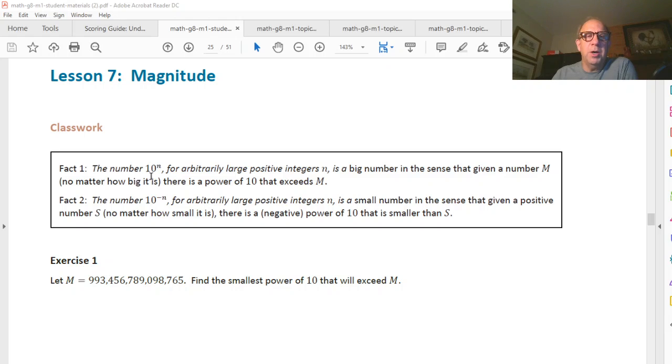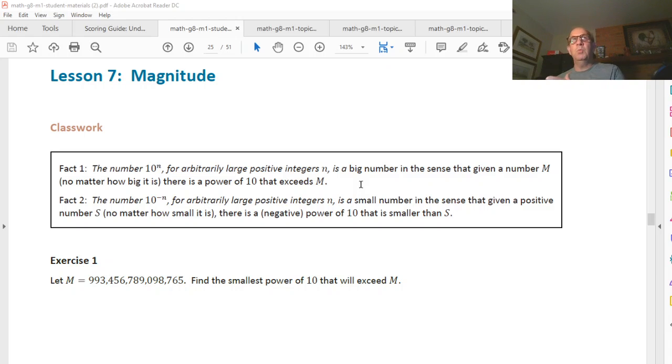10 to the power of n for any large positive integer n is a big number in the sense that given the number m, no matter how big it is, there is a power of 10 that gets bigger than m. So, if m is 95, then 10 times 10 is 100, so 10 to the second power would be bigger than 95.